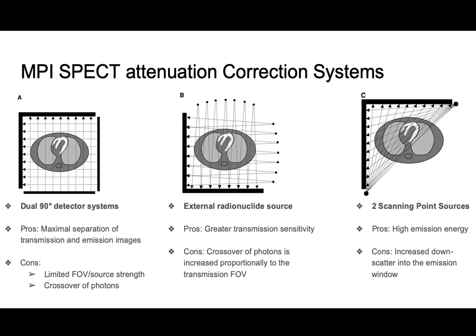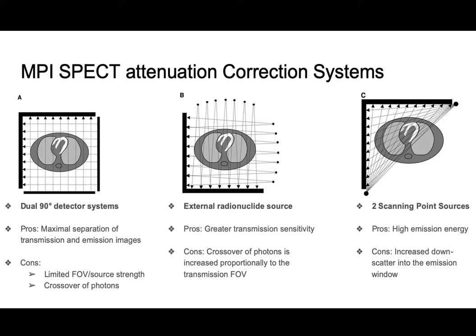In system C, we have two scanning point sources that are aligned right next to the detectors. These two scanning point sources traverse the patient's body at different angles. The good thing about this system is that it uses a high energy radionuclide called Ba-133.